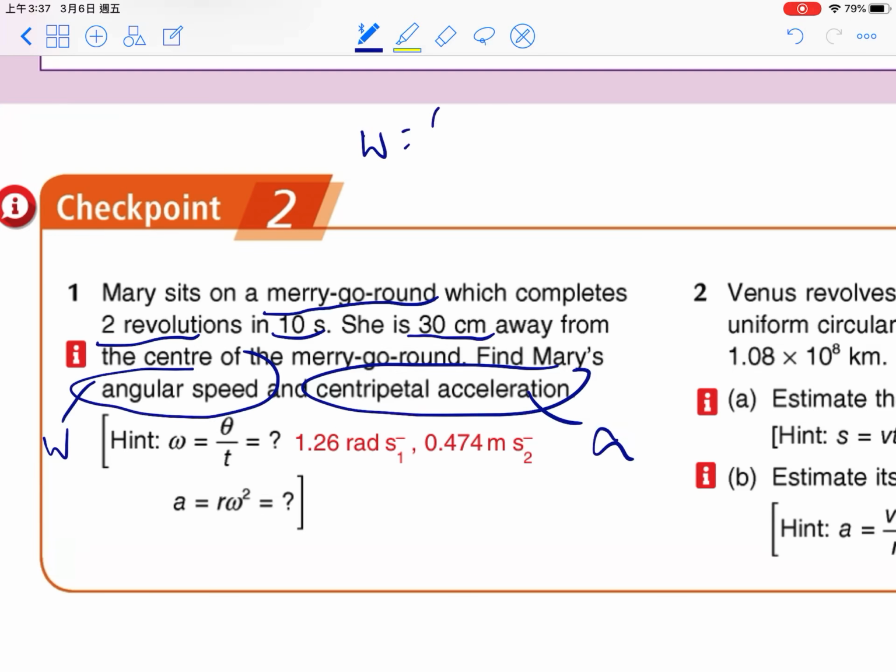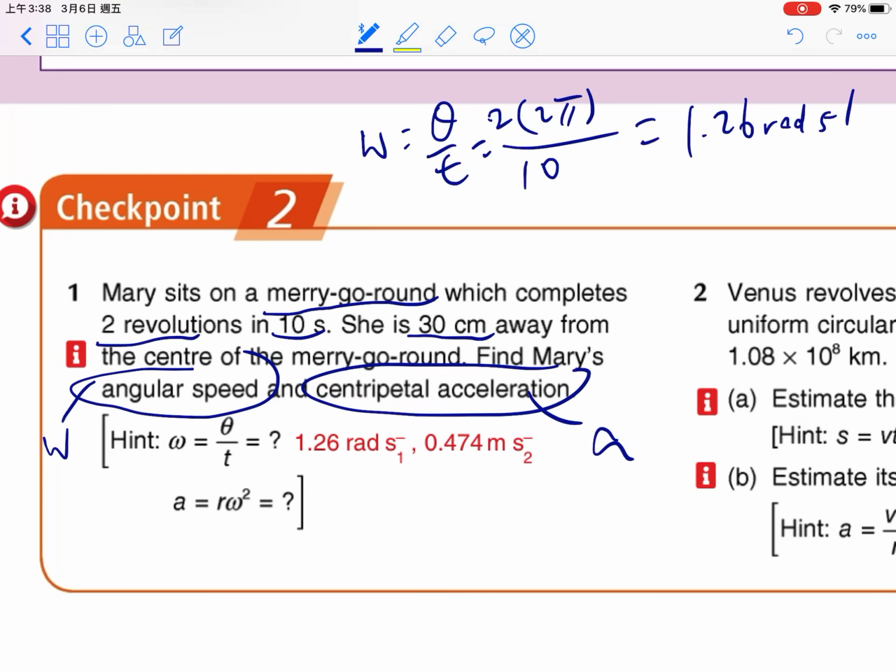So omega equals theta over t. For 2 revolutions, what is the angular displacement? 2 revolutions means 2 times 2 pi. 1 revolution is 2 pi, 2 revolutions is 4 pi, over 10 seconds. So we get the answer 1.26 radian per second.